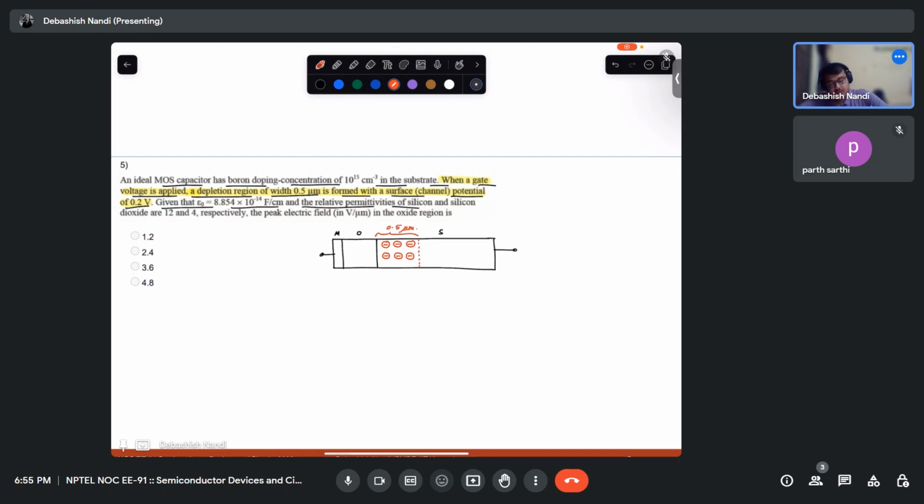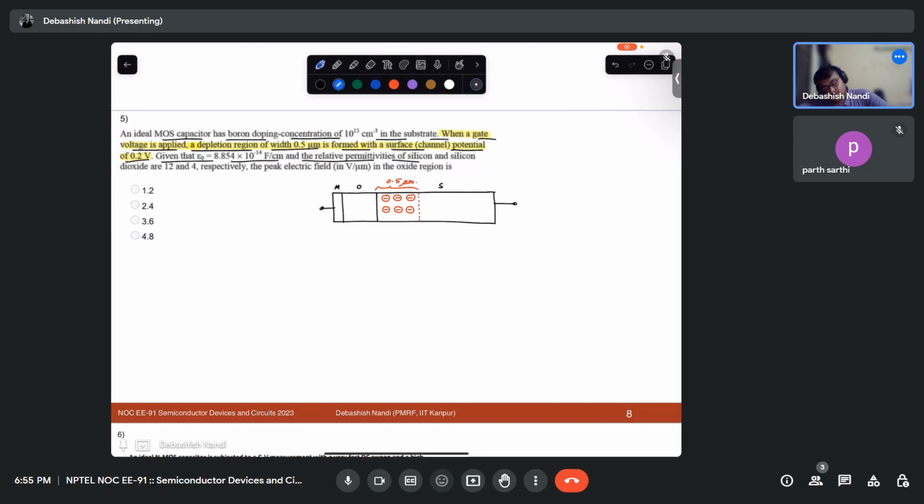So can we draw the charge profile? The rho profile we can draw, right? The rho profile will be somewhat like this. Is it okay with you? Yes, sir.